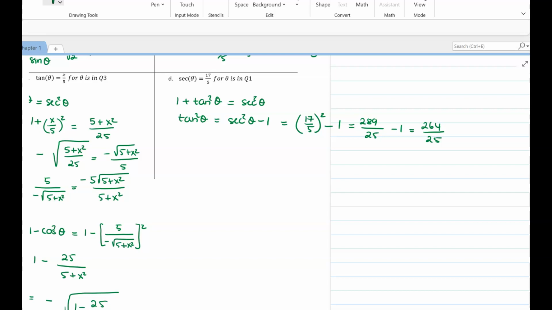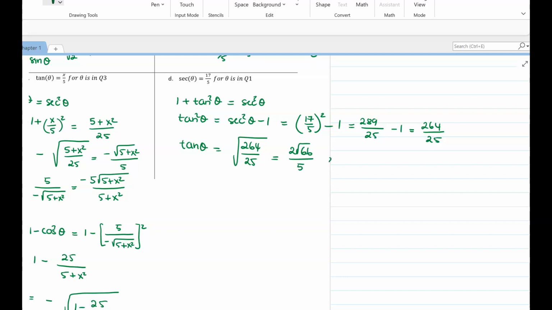We will simplify this. Since theta is in quadrant 1, we are only going to worry about the positive part. So tangent of theta equals root of 264 over 25, and that is 2 root 66 over 5.